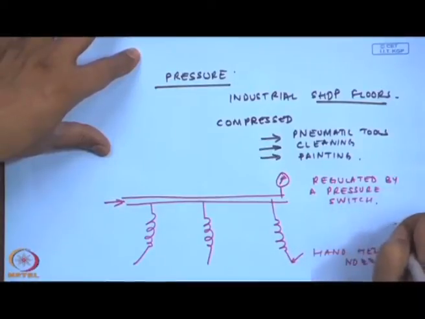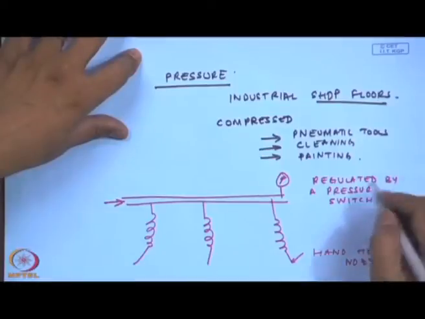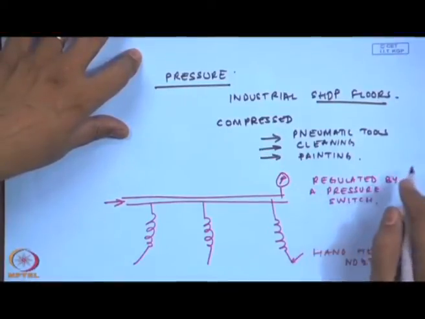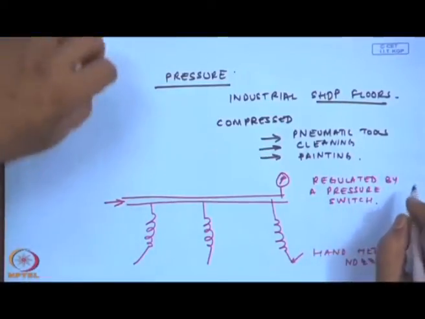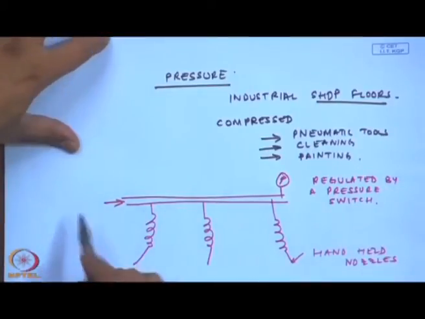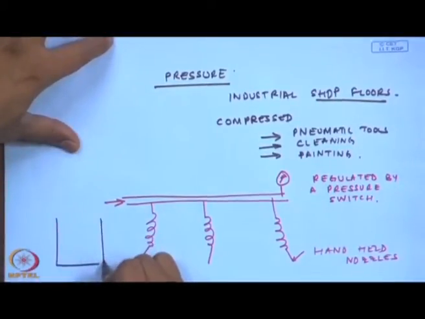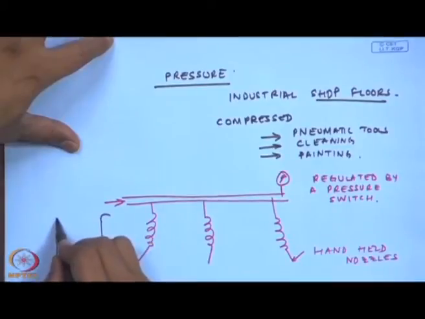So, when the pressure drops below a certain level, the circuit will enable the compressor to start operating again, and then store the compressed air, usually in a large reservoir.